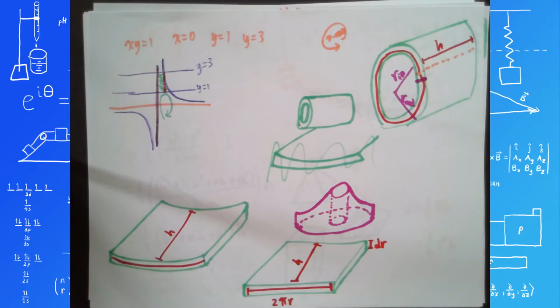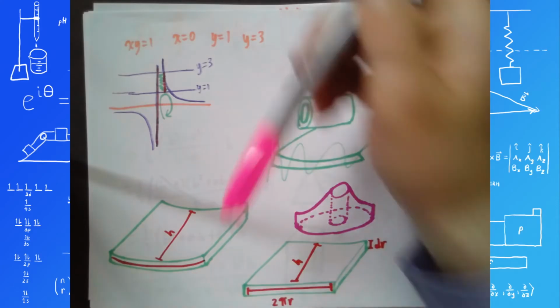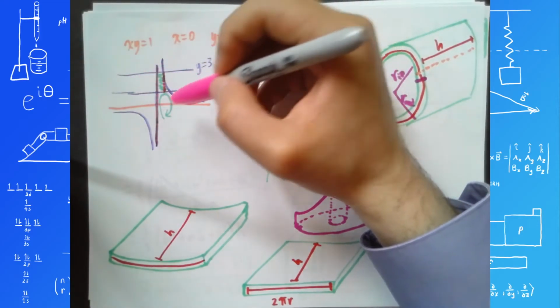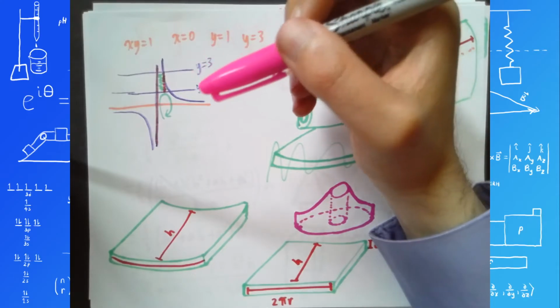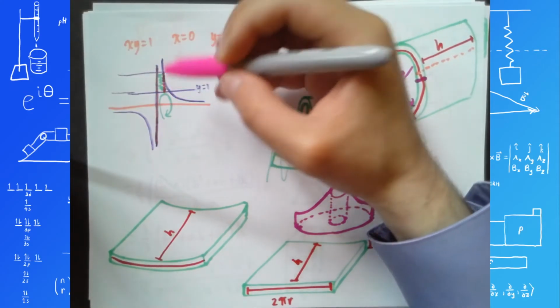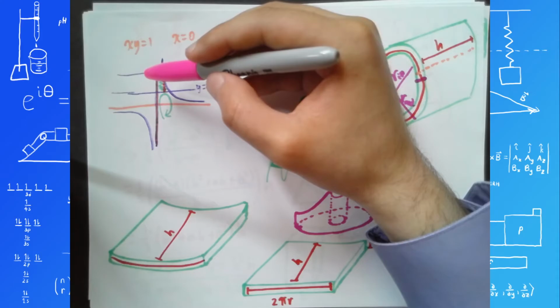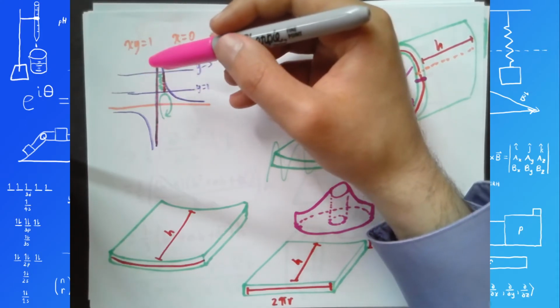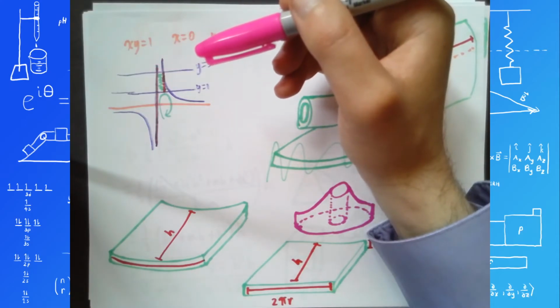So dr is either going to be dx or dy, depending on the direction in which you're integrating. In the case of this problem, it looks like our radius is the distance from our x-axis to the region. So distance from the x-axis is determined by y.